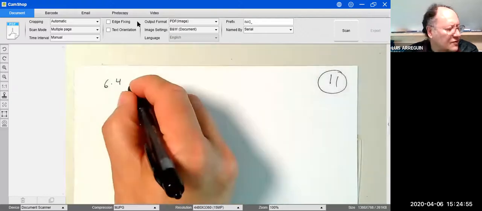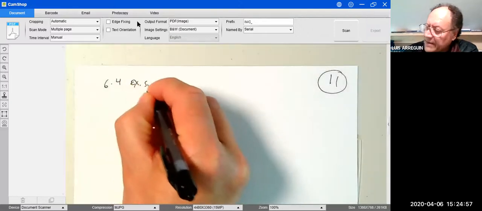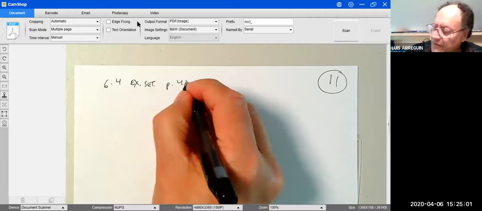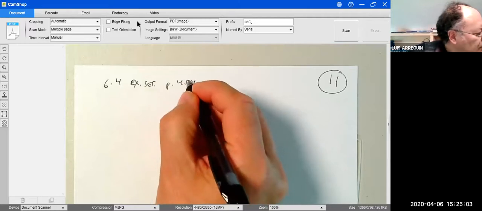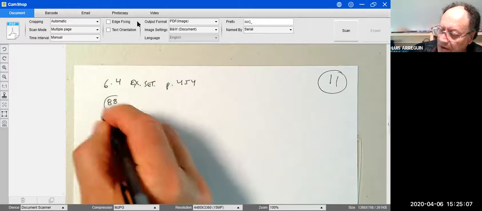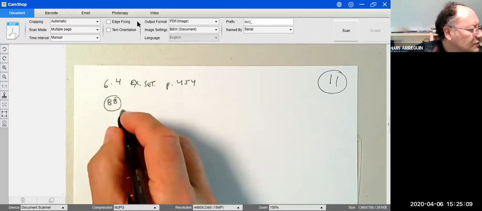So this is 6.4 exercise set, and now you're going to go to page 454, and you're going to solve 2 more problems to complete our classwork for today.